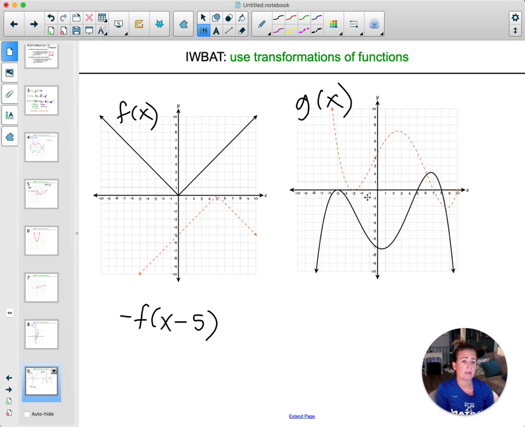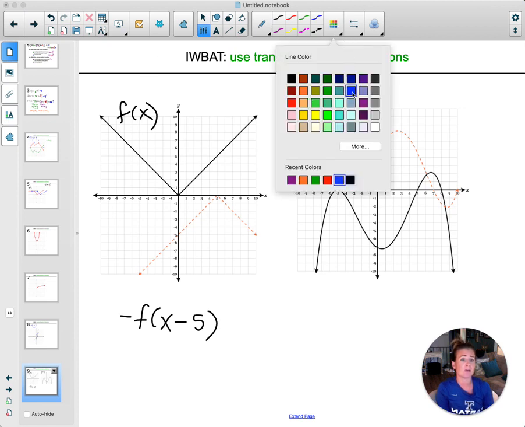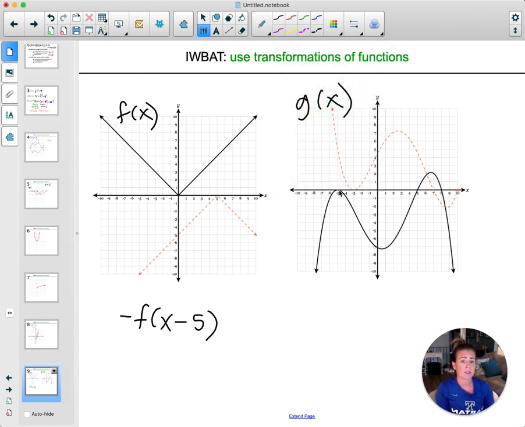Next one. Just find a point that you can watch and see what it's doing. You don't have to look at everything, but look at one point. So this point right here is the same as this point on this curve. Oh, no, it's not. I lied. It's the same as this one over here.